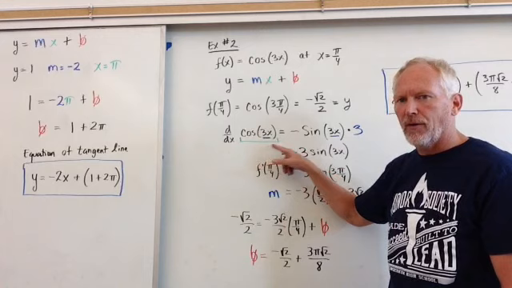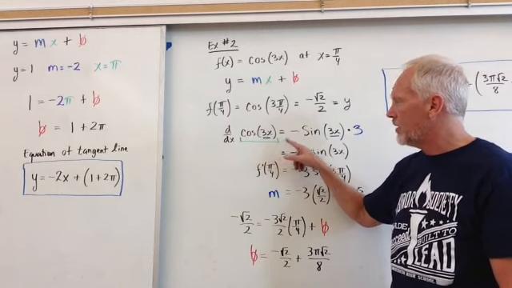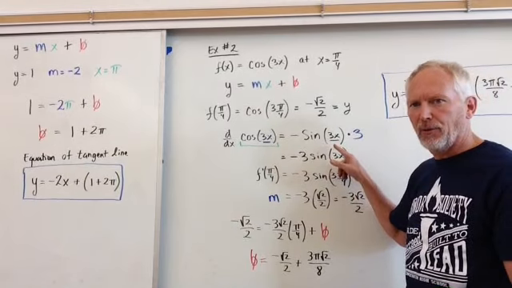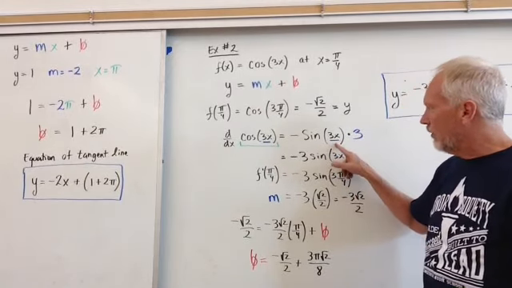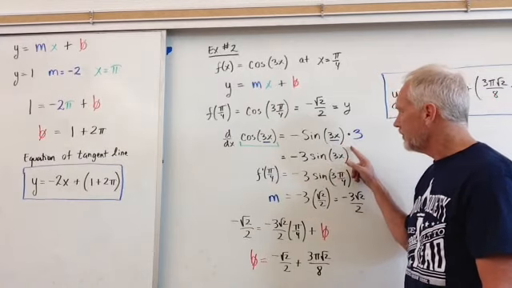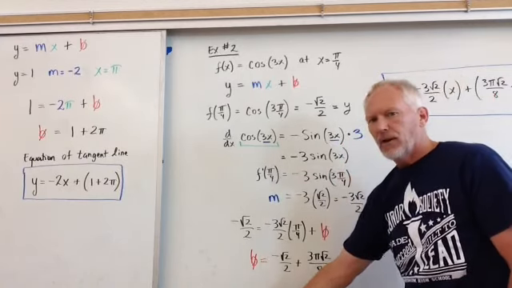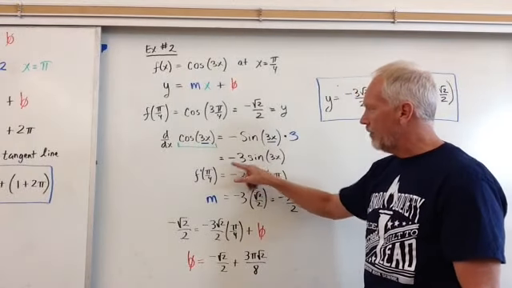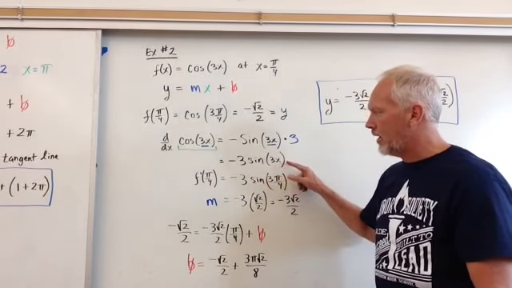Then we have to take the derivative of the cosine of 3x. And the derivative of the outside is negative sine of 3x. Take the derivative of the inside, 3x, and that is going to be times 3. So then we have negative 3 sine of 3x.